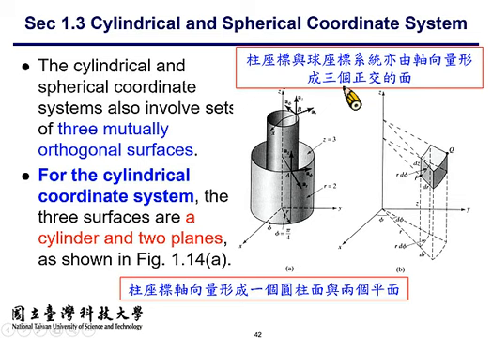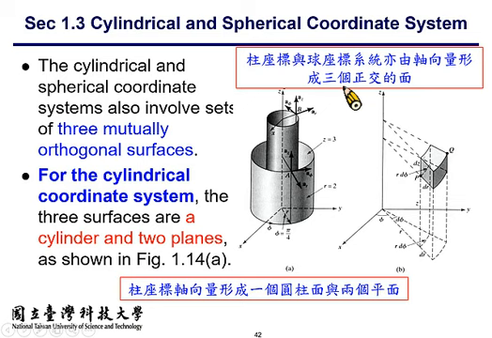Note that the direction in a coordinate system is the arrow pointing to the direction in which the parameter becomes a larger number. So here we have r and phi. Why is it pointing outward? Because the r value becomes larger and larger as it gets to this direction. So this is the R direction.